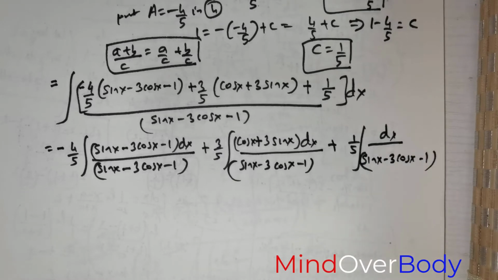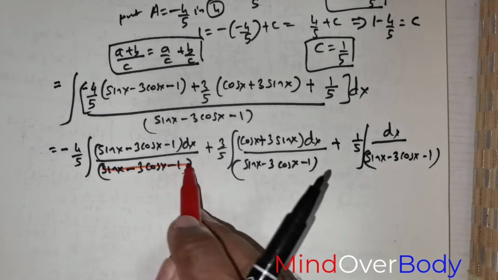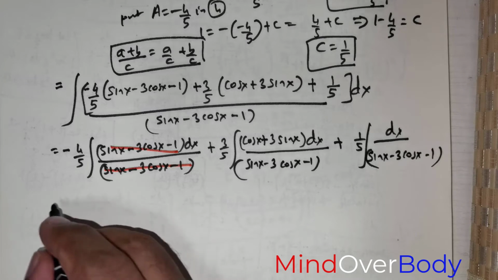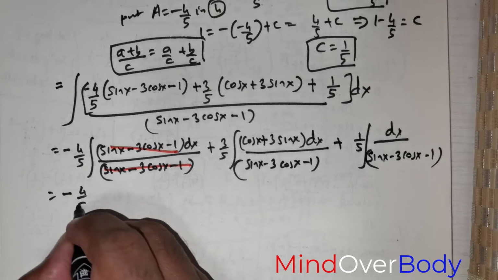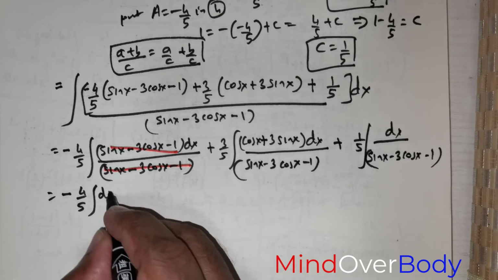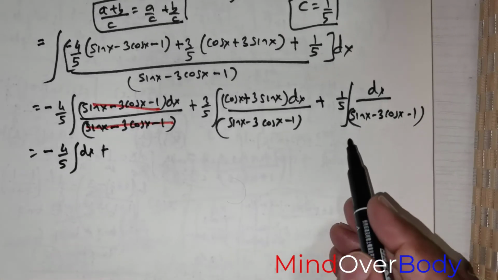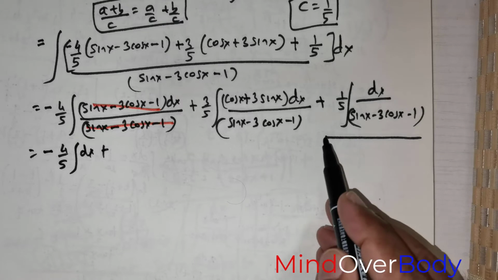So now clearly we can cancel the terms here, and this is going to be -4/5 integral of dx plus. Now this quantity, let me just use this space here.